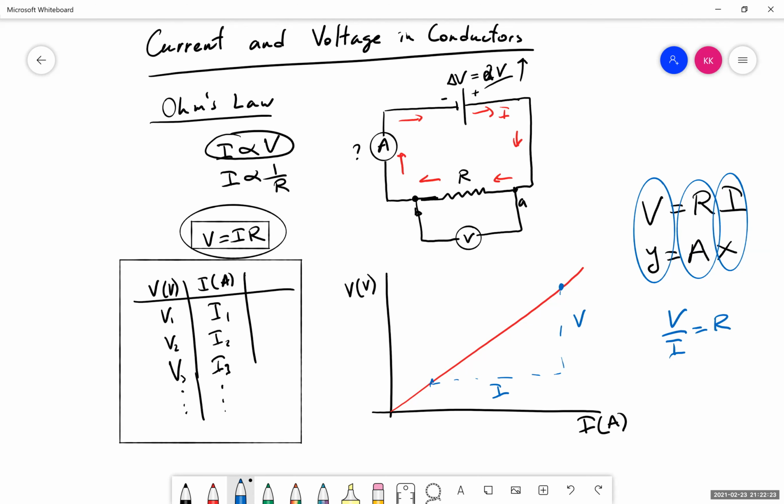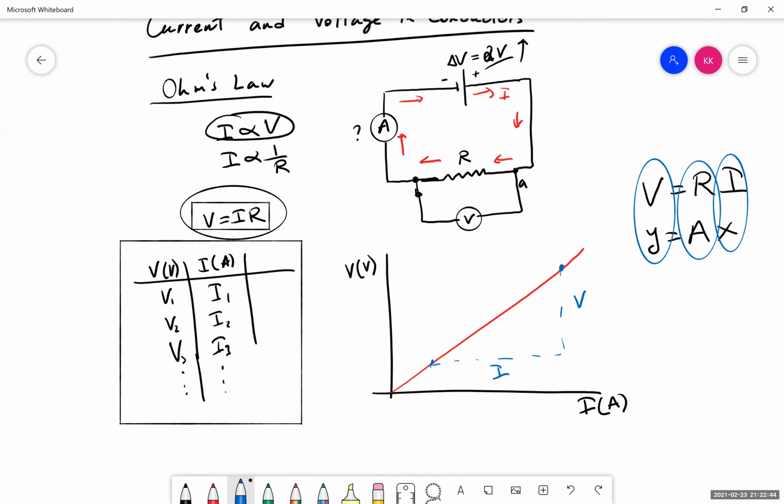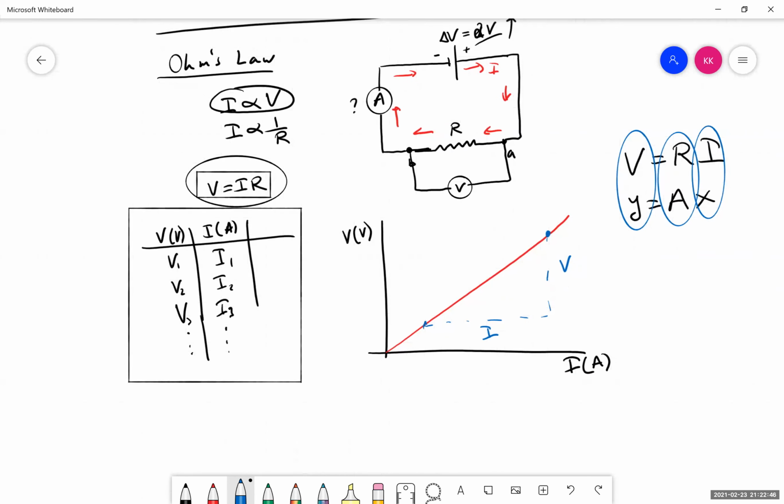Obviously that's not what we want to do, just using 1 or 2 points, because Pivot Interactives allows us to do the graph and find the correct fit, and we get the slope directly from the software. The slope value will then give us the resistance of that resistor.